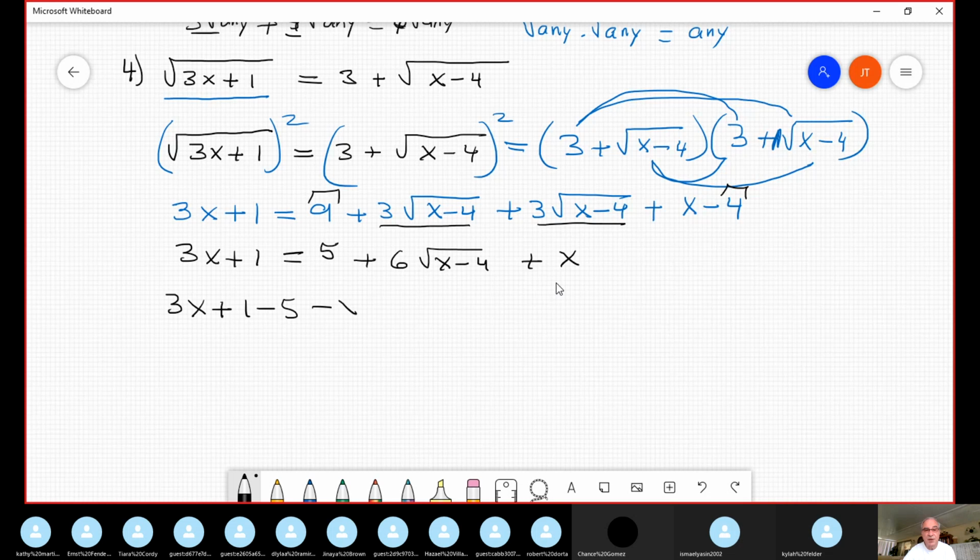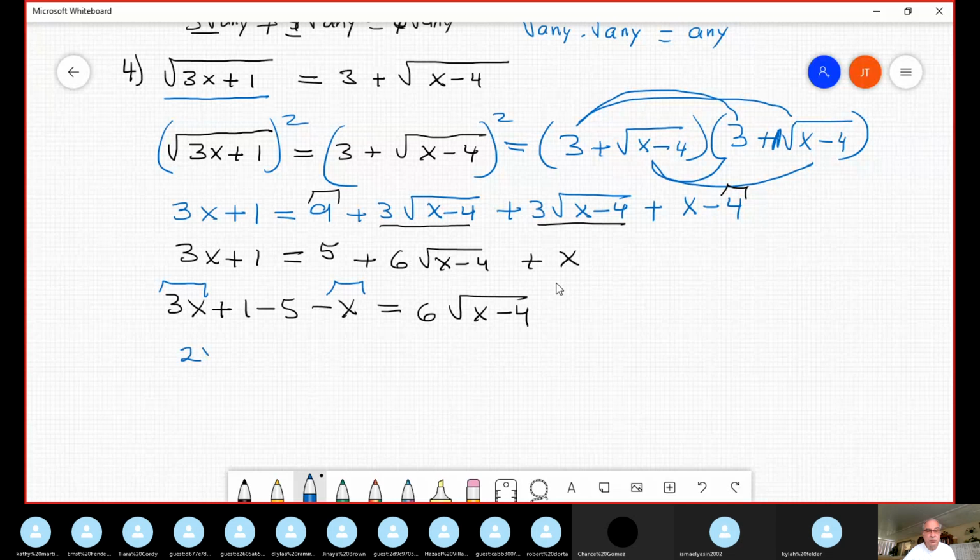I move x to the left. And 6 radical x minus 4 stays in the right hand side. And one more time, we combine like terms: 3x minus 1x is 2x, and 1 minus 5 is negative 4, equal to 6 radical x minus 4.